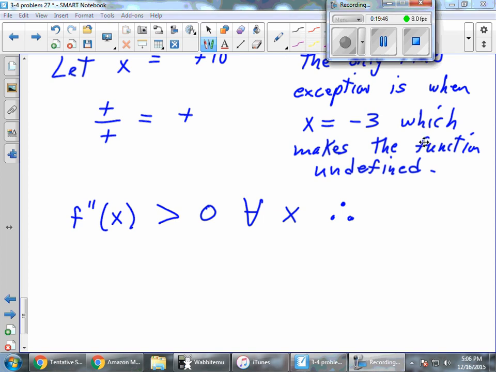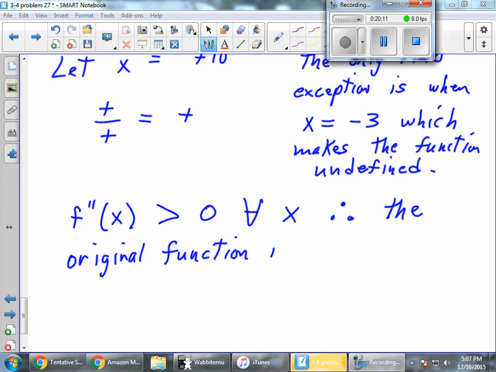Okay, I took the opportunity to set up the calculator on that break. So we said f double prime of x is greater than 0 for all values of x in the domain, except negative 3, which is undefined. And then we can say, therefore, the original function is concave up.